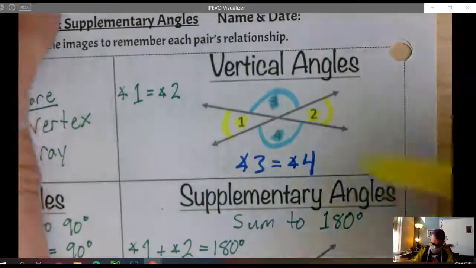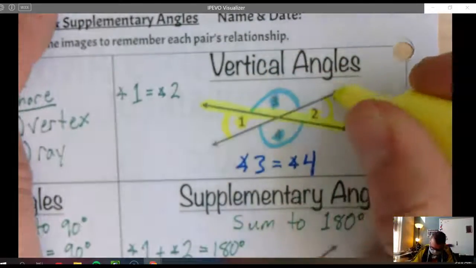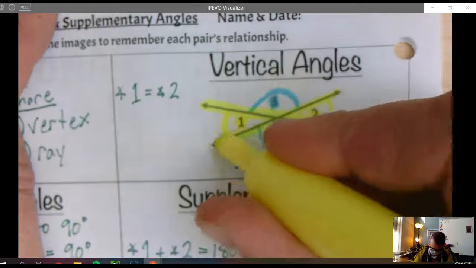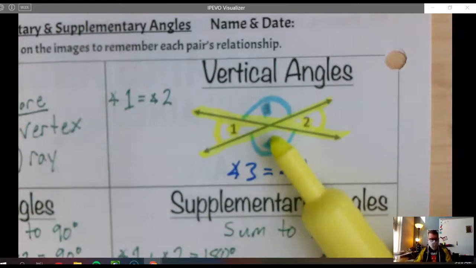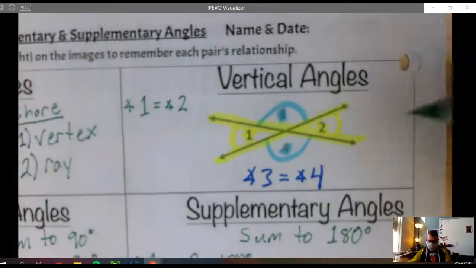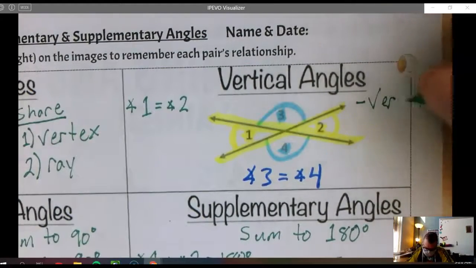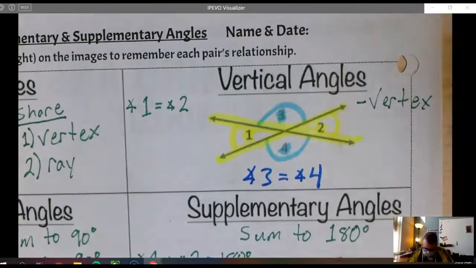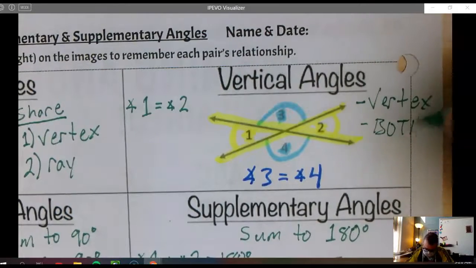Well, they use the same straight lines as each other and the same vertex. So verticals have the same vertex, and both lines.